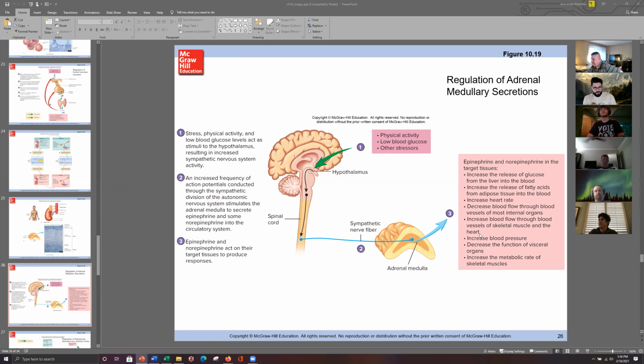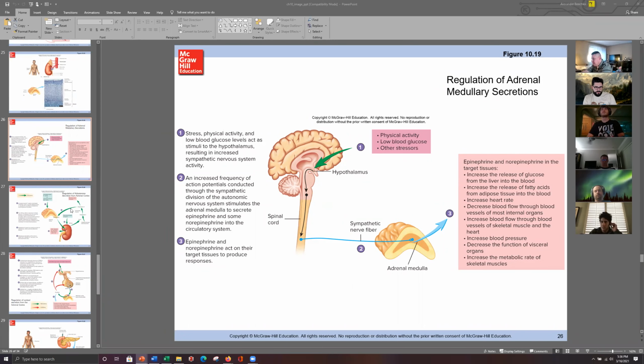So blood pressure will increase as a result of that. It's also just a result of the heart working harder and pumping faster, because of its increased rate. So typically you find those things going hand in hand. So as I mentioned, we decrease the function of several visceral organs. We can increase the metabolic rate of our skeletal muscles too.